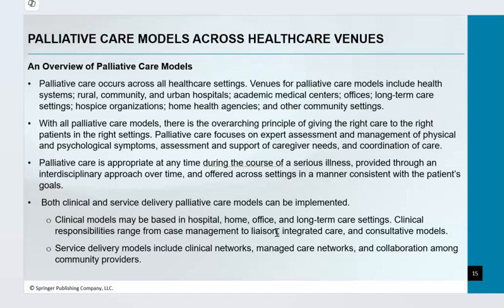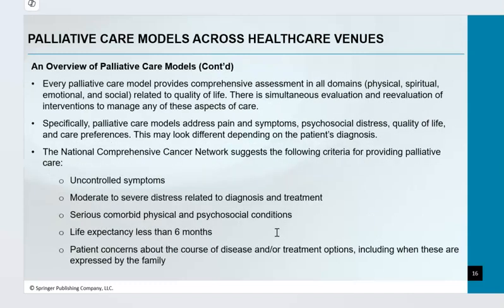Palliative care does occur across all healthcare settings in all different areas. We now have different non-palliative care groups, or the academies of the professional groups outside of palliative care, who now are incorporating into their society definitions of when you ought to consider palliative care based on their diseases.